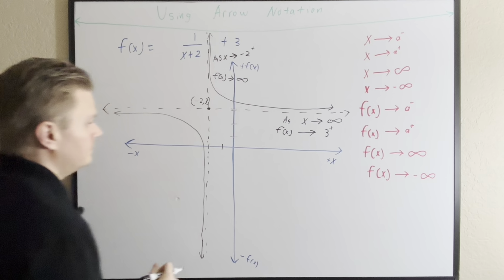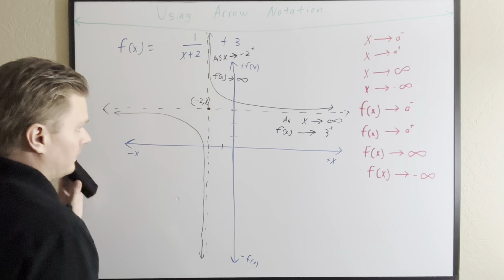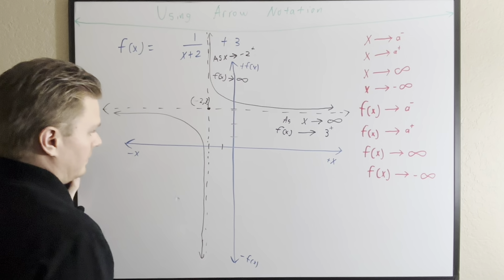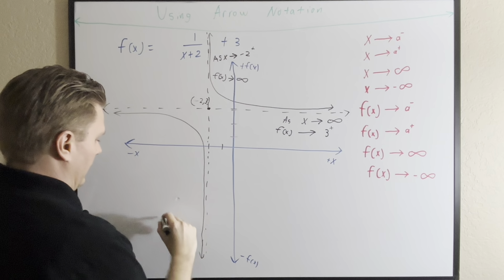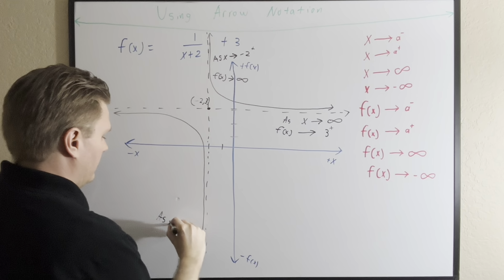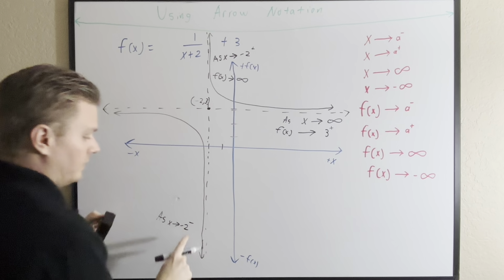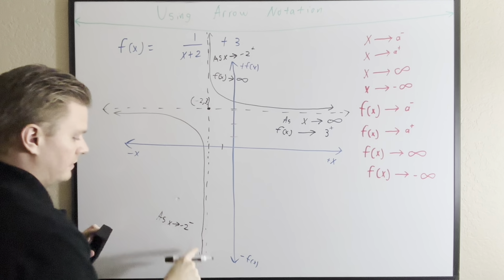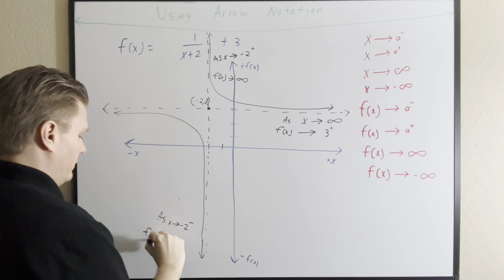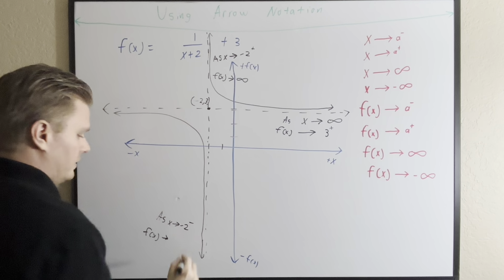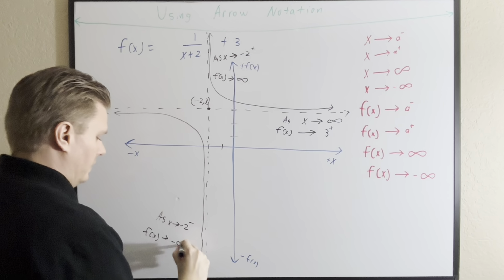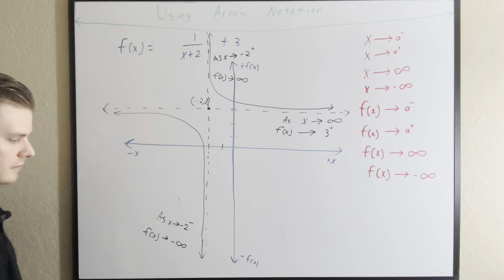Okay. All right. Now, as x approaches negative 2 from the other side, the negative side, f of x approaches what? Negative infinity. It's not so bad.